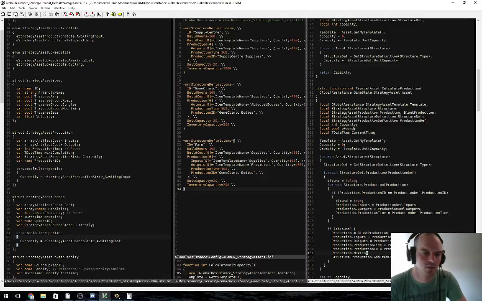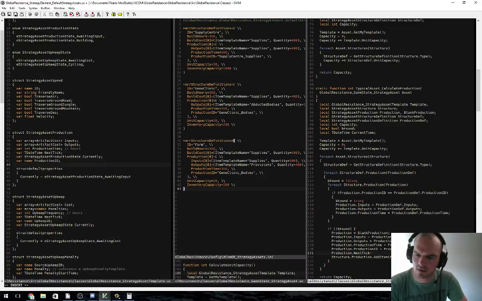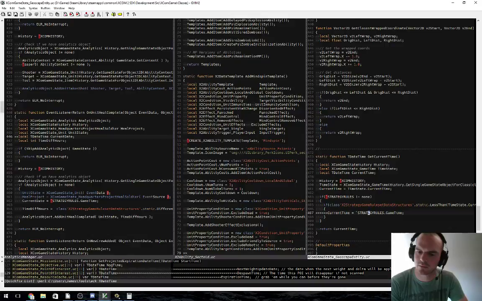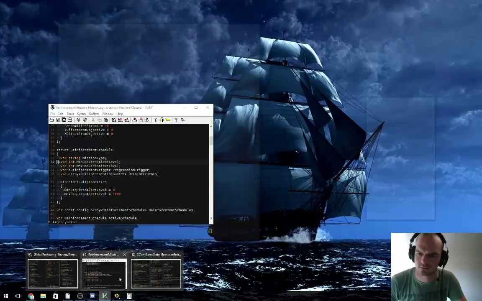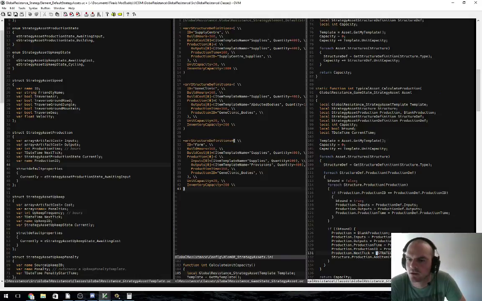So do next tick here for both of them. So next tick will equal strategy rules, what was it, strategy rules game time. Alright, so once we've got that, then for every tick we're good to go.